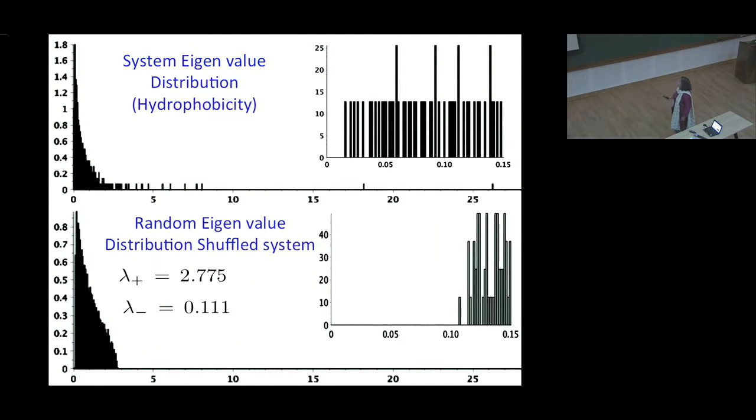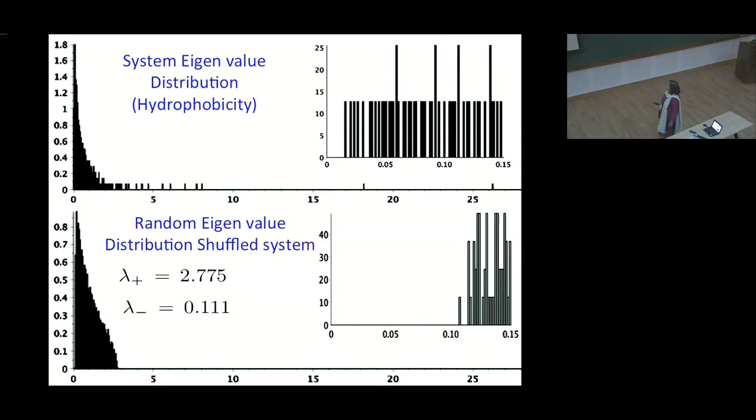So in the system, the eigenvalue distribution is given in this way, and the shuffled or the Wishart ensemble eigenvalues are distributed in this way.